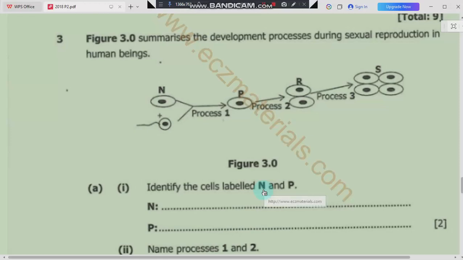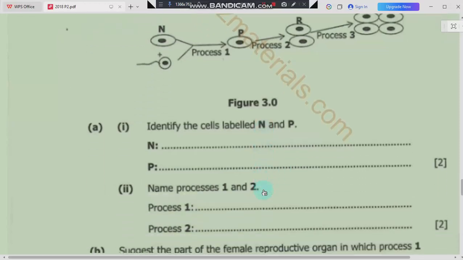Now let's go to question 2. Question 2 says name the processes 1 and 2. So they want you to name this process 1 and they also want you to name this process 2. You understand that an egg is going to fuse, the two nuclei are going to fuse together to form a zygote in the process called fertilization.